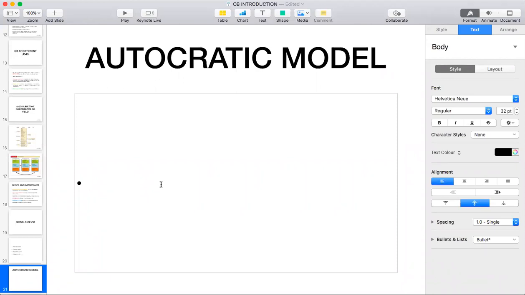The manager believes that he is the best one in the company to take any decision, and he is not looking for any suggestions or inputs from subordinates, and employees must always follow his orders.